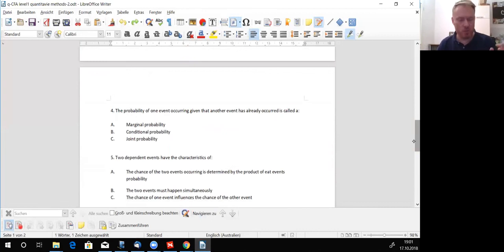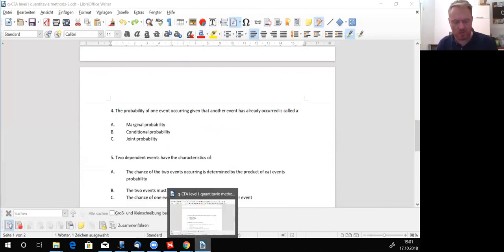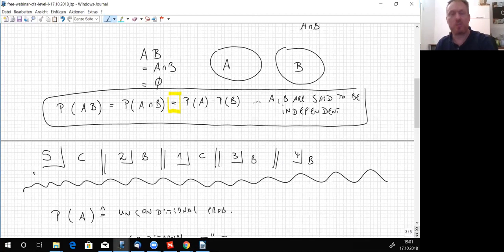Of course, it's a conditional one, so B is correct, and we're asking for which of the following answers is correct, and not which is not correct. First of all, in your CFA level 1 exam, and of course the CFA level 2 exam, you first need to take a look at the question. Does the question go this way, which of the following answers is true, or does it go the opposite way, like which of the following answers is not true? That's important first of all.